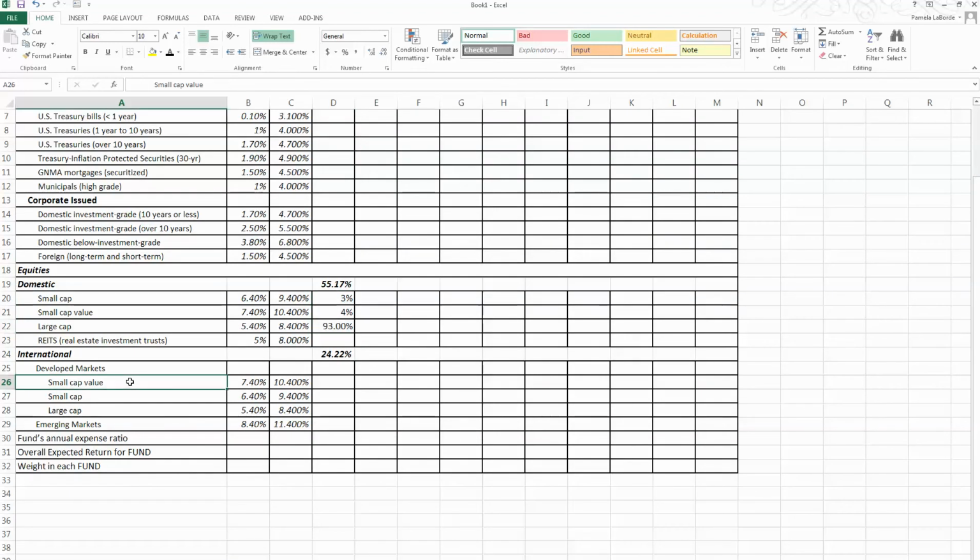Now, unfortunately, without digging into a whole lot of detail that I don't want y'all to do, I don't know exactly whether maybe all their small caps are international stocks, and maybe all their large caps are domestic stocks. I don't know, and they don't tell you that on Morningstar. All they tell you is this broad breakdown, domestic versus international.